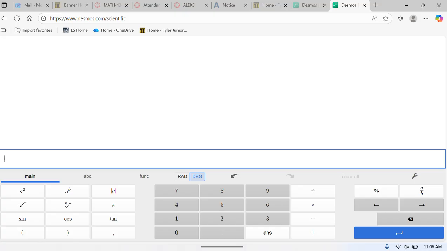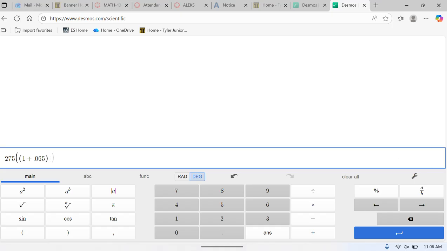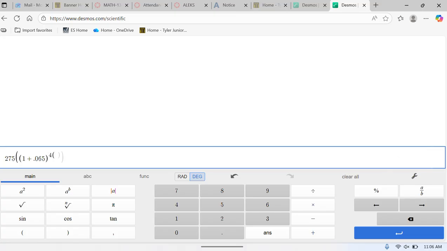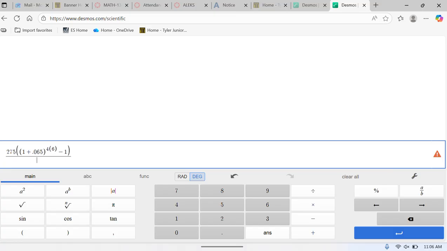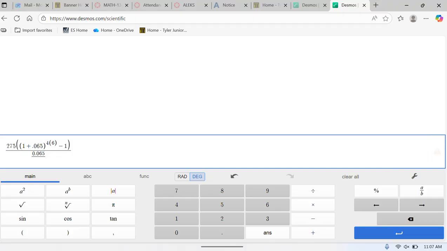I'm going to say 275, parentheses, another parentheses, 1 plus 0.065, close parentheses, my little rooftop, 4 times 6. Then minus 1, close parentheses, and then I'm going to divide all of that. Notice it threw it in as a stacked fraction. I'm going to say 0.065 divided by 4.